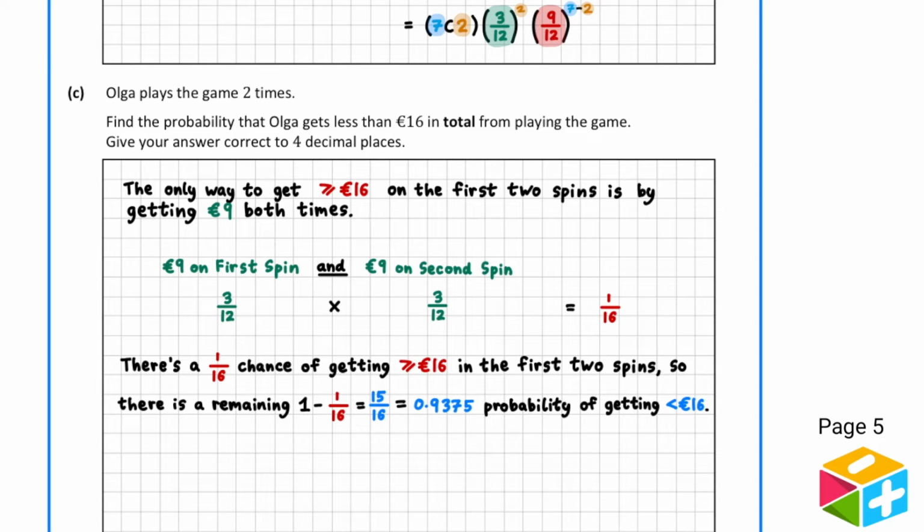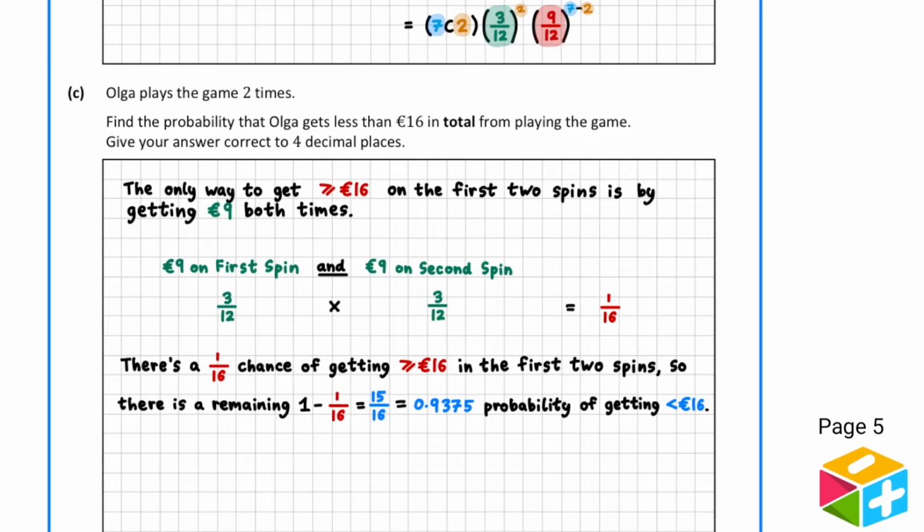In part C, we are told that Olga plays the game 2 times. We need to find the probability that Olga gets less than €16 in total. Well, when we think about the structure of the game, it's quite difficult to win at least €16 when you play the game twice.